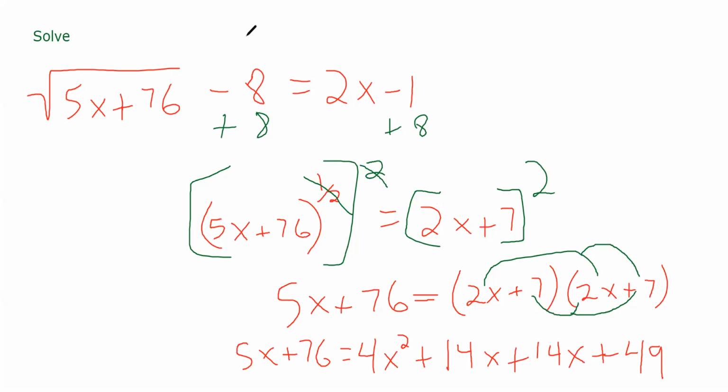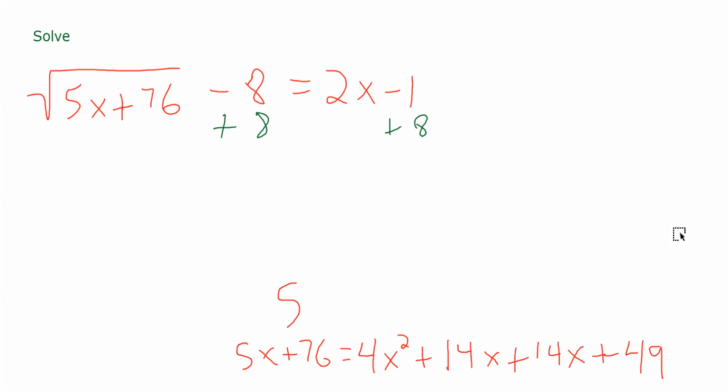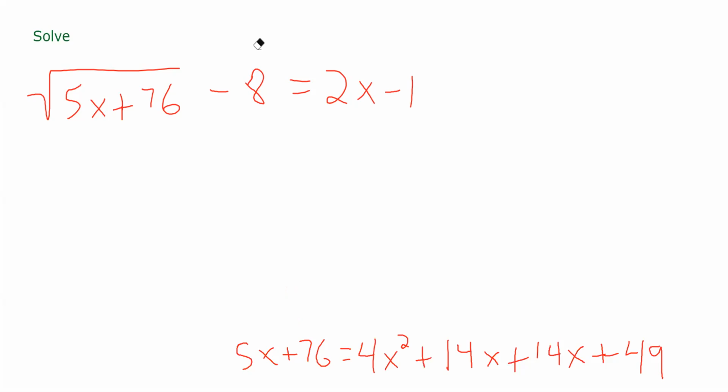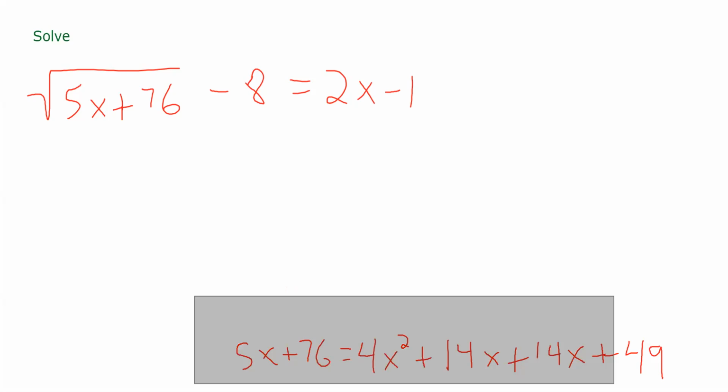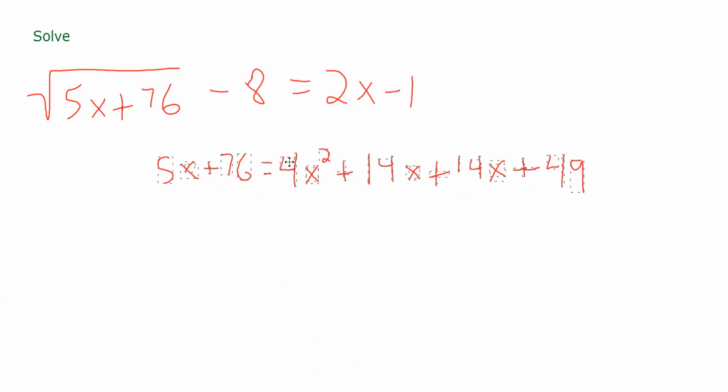So now we need some more space. Let me create some space for us. Let's bring this all up here to the top. So we're doing it piece by piece. Now on the right-hand side, let's combine our like terms and simplify.